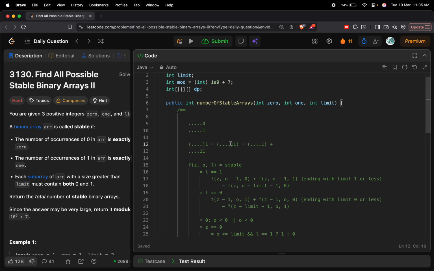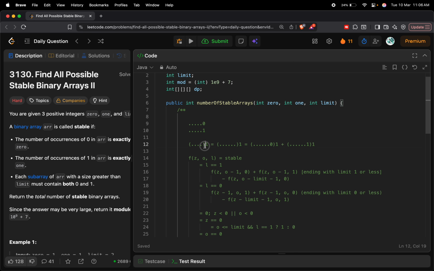Since we have freezed the last position, the answer to the rest of the array can be derived as the answer ending with 0 plus the answer ending with 1. I hope you guys are following. Since I have freezed the last position, I need to identify the number of stable subarrays I can form for the rest.